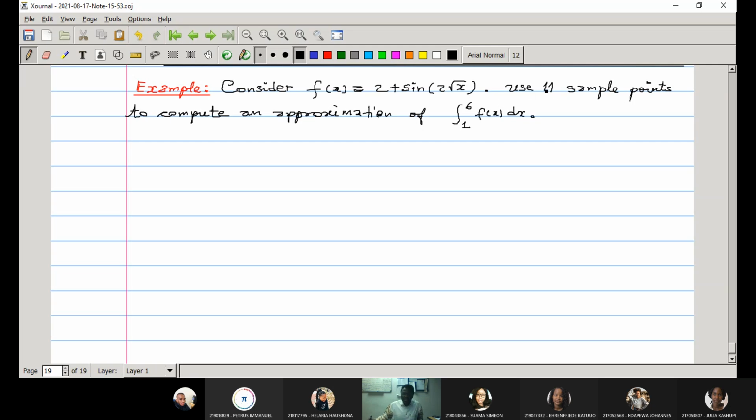Now, 11 sample points, you can see here we have 11 sample points. If you recall, we said that for the trapezoidal rule, we need an even number of what? I mentioned even numbers when it comes to the Simpson rule.